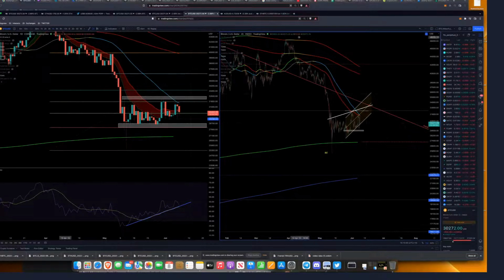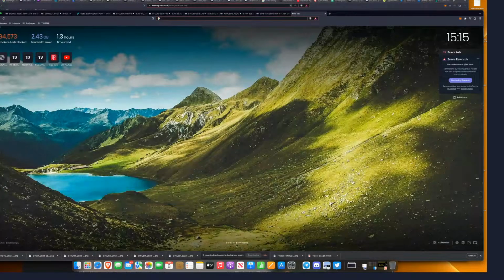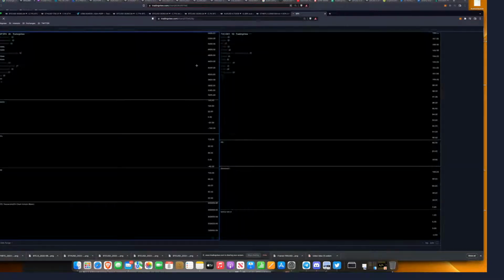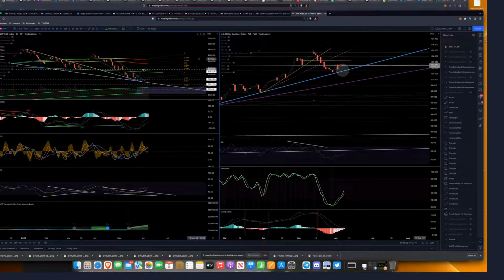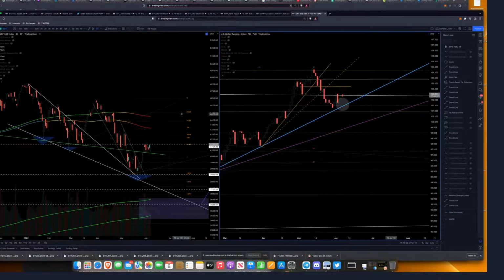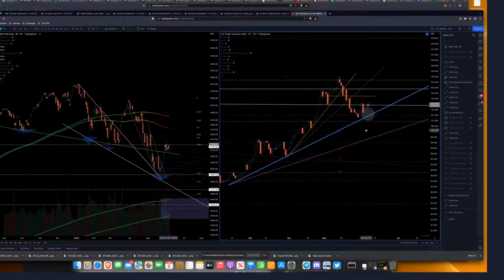So what we can do is have a look at the traditional markets before we look at Bitcoin, just to see where they're at. If we look at the S&P 500 and the US dollar, on the right we have the US dollar.